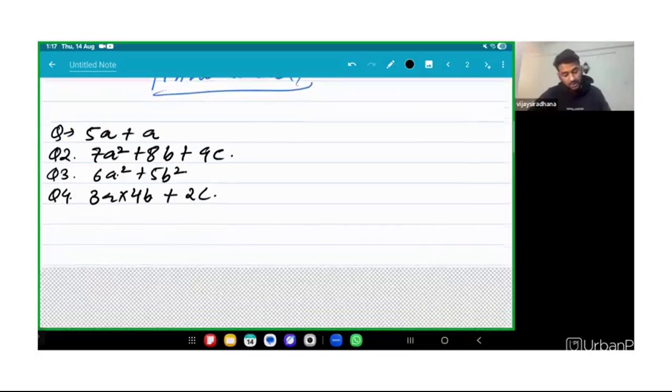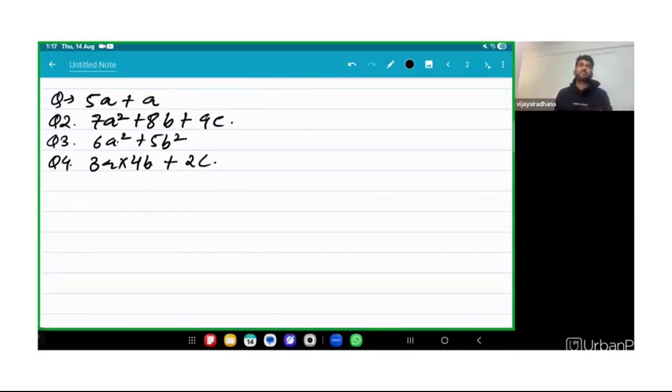Now, students, after this, we'll be coming to the other topic, which is the types of polynomial. There are different types of polynomial also. For example, linear polynomial, quadratic polynomial, cubic polynomial, biquadratic polynomial, constant polynomial, and zero polynomial.